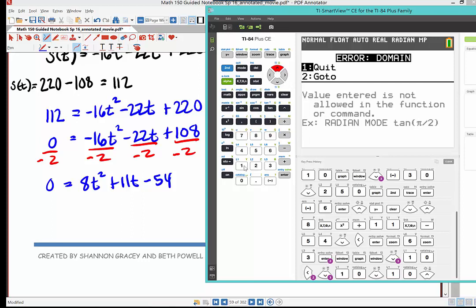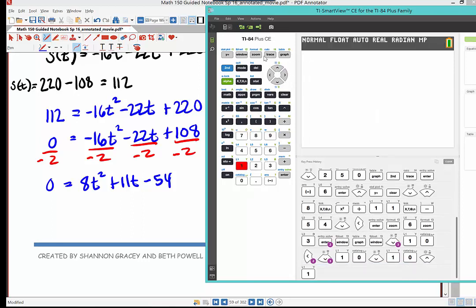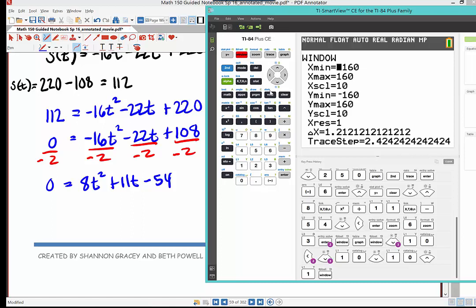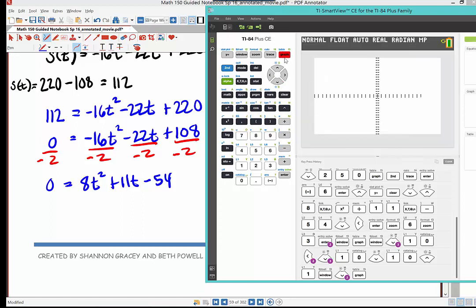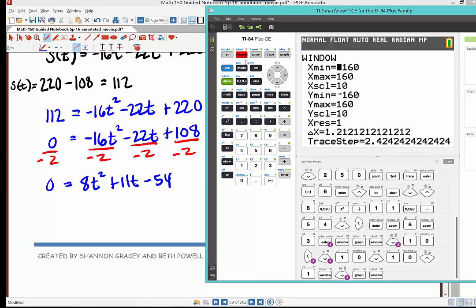Okay, let's go ahead and graph. And the x's, we don't need them to be so big. So coming back, adjusting a little more. Why don't we just keep x from negative 10 to 10.